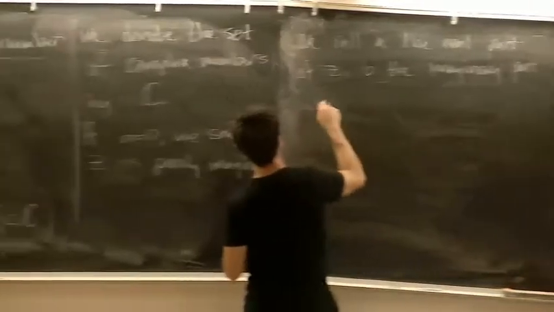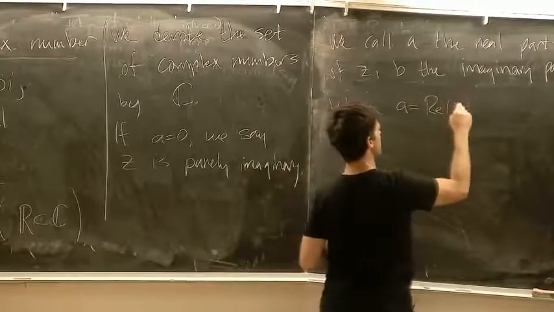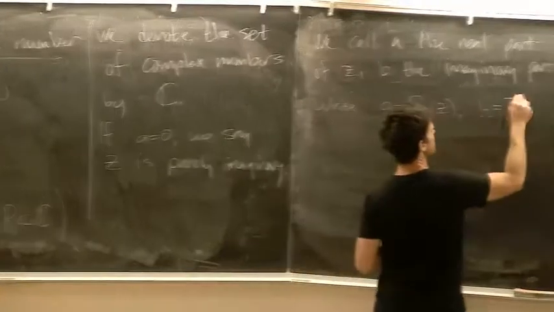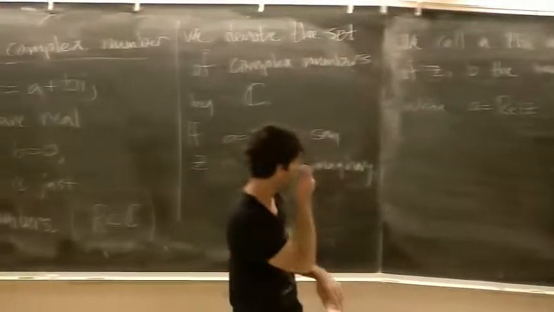We sometimes write a is the real part of z, and b is the imaginary part of z.